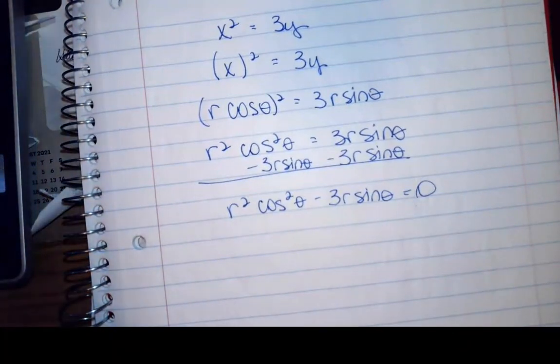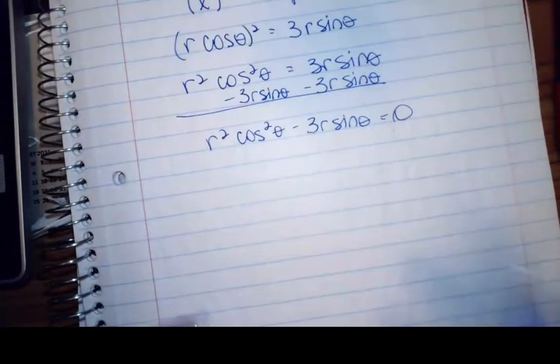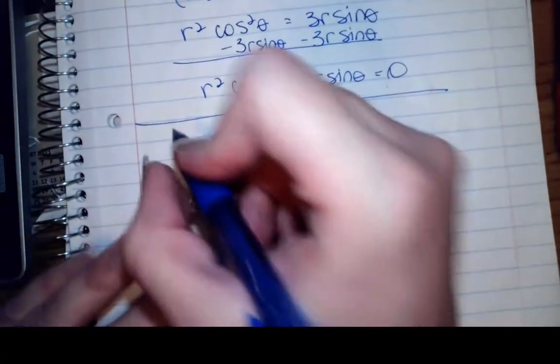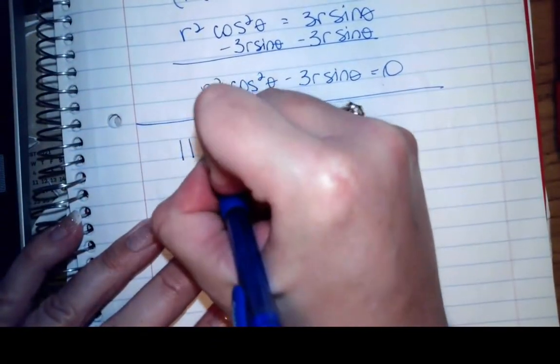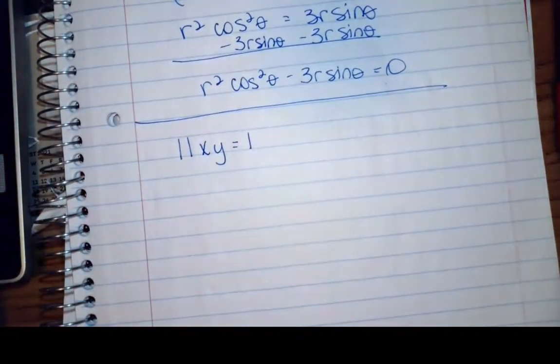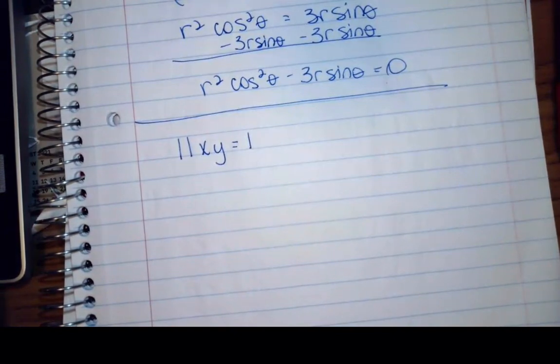All right, I've got 11xy equals 1. So 11xy equals 1. So I'm going to go ahead and substitute in. I know what x is, and I know what y is.